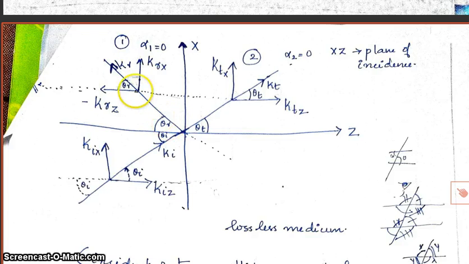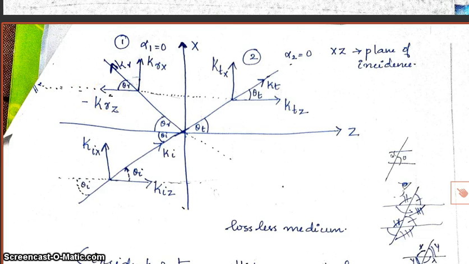Similarly, I am resolving it for the reflected wave and transmitted wave. Here also you can see for the reflected wave krx is parallel to the x plane and krz is parallel to the z plane. And you know that this reflected wave and incident wave are opposite to each other. That is why here kix and kiz are taken along this direction, and here krx and krz are taken along this direction.